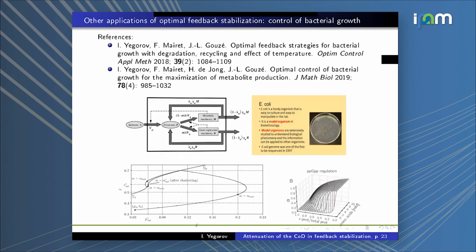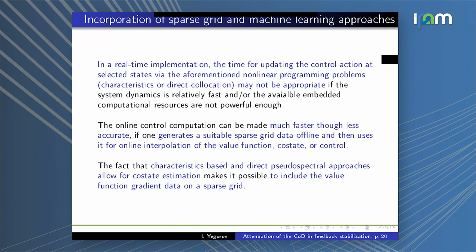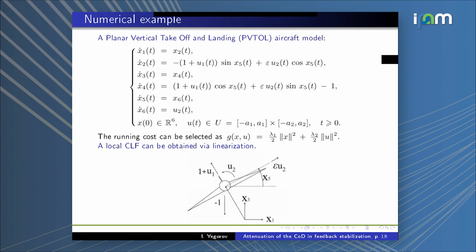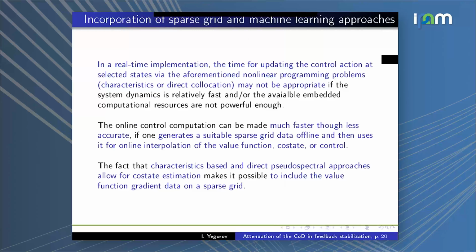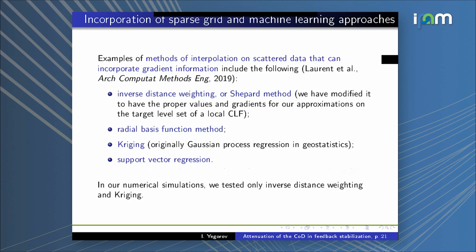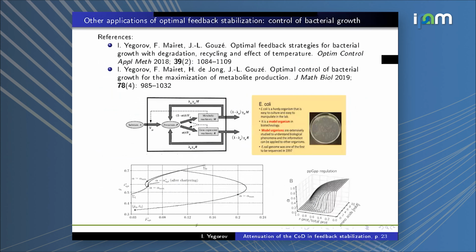And also, here we just looked at certain classical examples. They are mainly used for some tests. But let me also point out certain more complicated applications where such approaches may be very useful and where we also did some things.